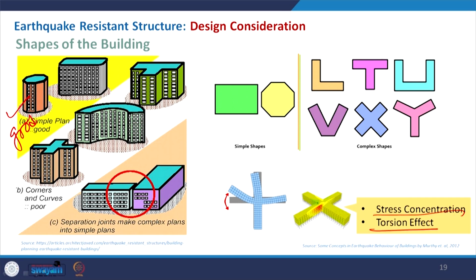And that is why we go with a very simple plan like this, which is very acceptable. The shapes where joints are made, T, L or U or maybe H, then this kind of corner, then maybe a plus building or cross building or Y junction, these are the portions where stress is developed.